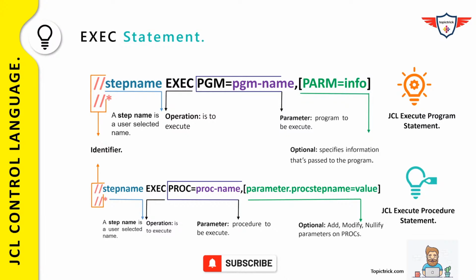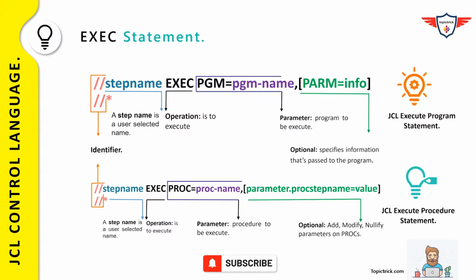In this case the syntax is almost the same. You have an identifier, then the step name, then the EXEC statement, and after that you have a positional parameter once again, and that is PROC equals, where you specify the proc name that you want to execute.